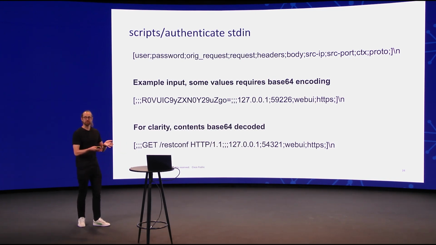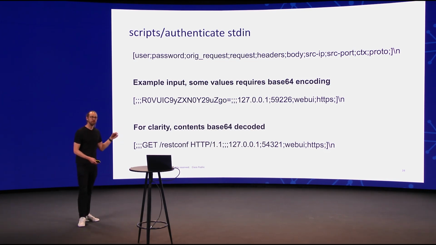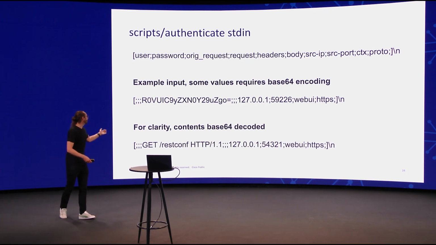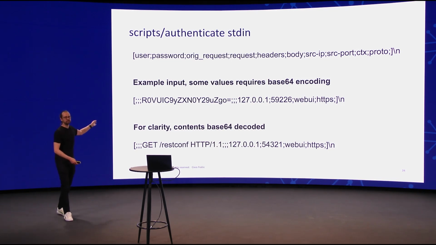This is the HTTP referrer, probably, and then a request headers body for the actual request that we sent to NSO, to the authentication, and then some metadata for the connection: source IP, source port, what API it came from, the context, and protocol. And this is what it would look like then. Base64 encoded, the entire request, nothing else is filled in, and then the metadata.